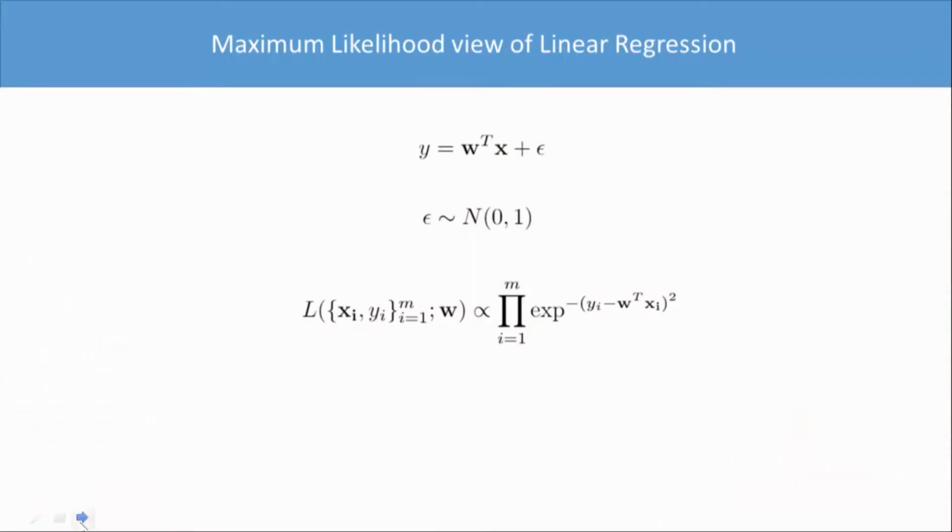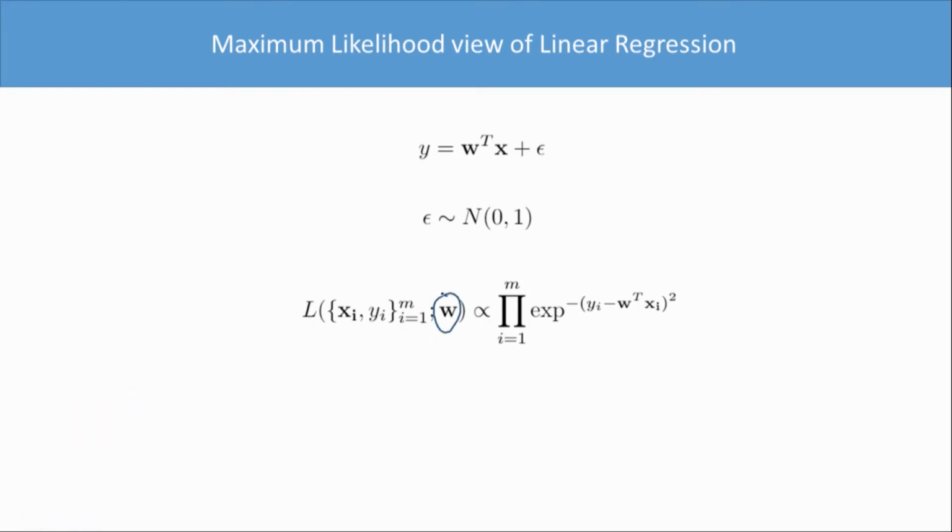So the way that we will formalize this is by saying that given a data set xi, yi from i equal to 1 to m, you are asking the question, what is the chance that this data set could have been generated using this particular w? So any w, right?